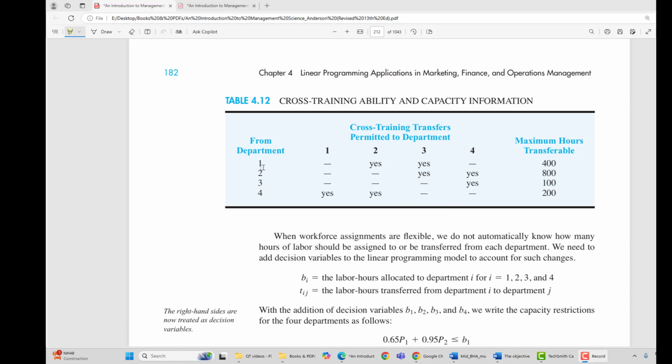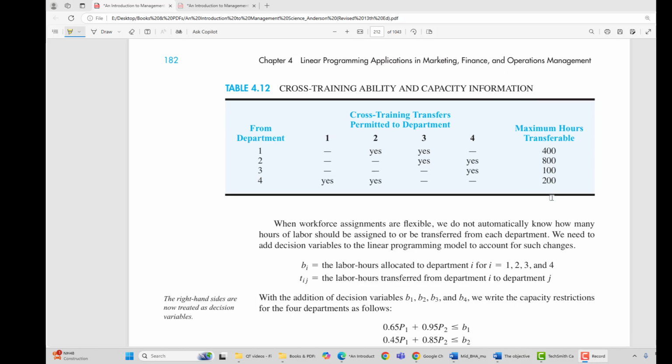And the maximum you can transfer from each department is also given here. From department 1, 400 maximum is possible. From department 2, 800 maximum is possible. Basically this plus this should not exceed 800. Department 3, 100 possible, and department 4, 200 possible.